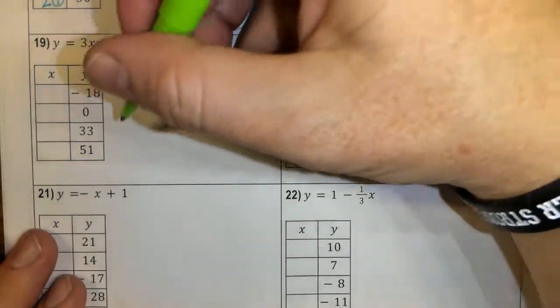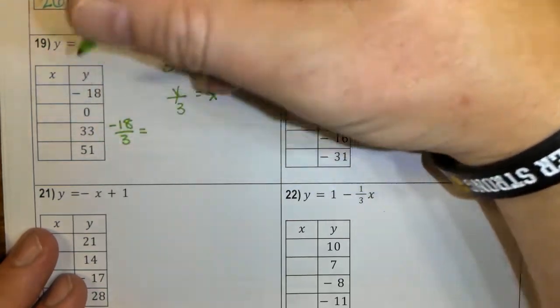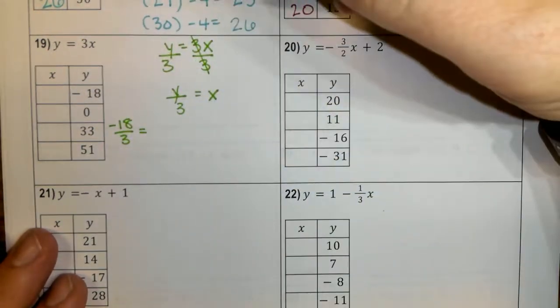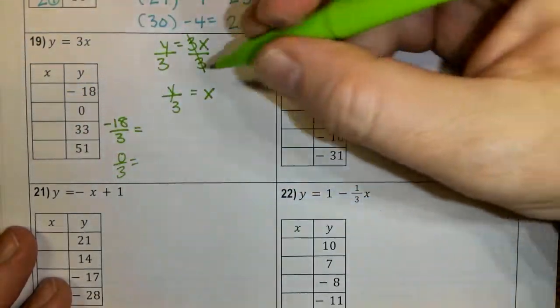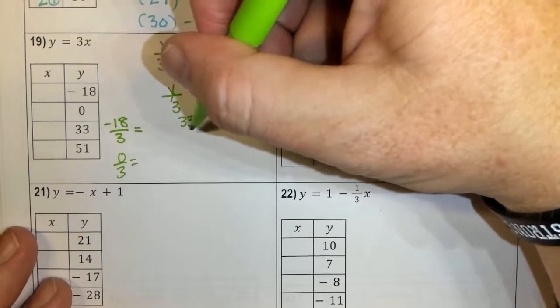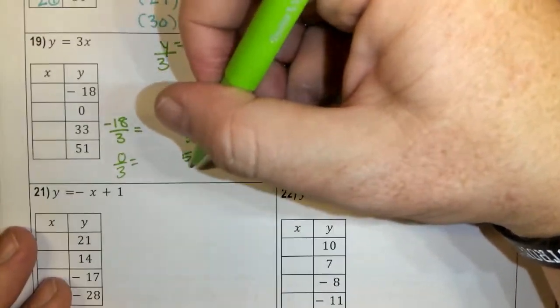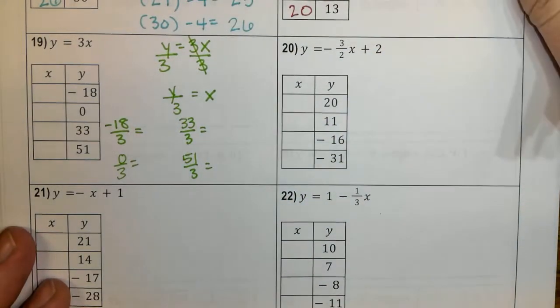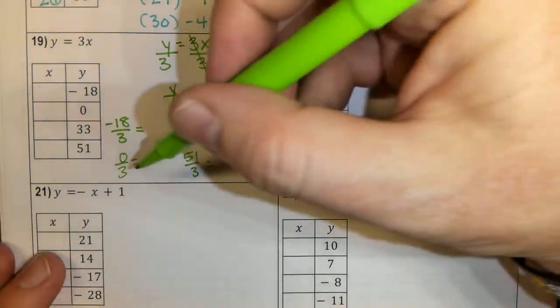Okay, so I have negative 18 over 3, and because these are fractions, these are going to be a little spaced out differently. 0 over 3, 33 over 3, and 51 over 3. Okay. Now, some of these you probably know, like the 0 over 3.